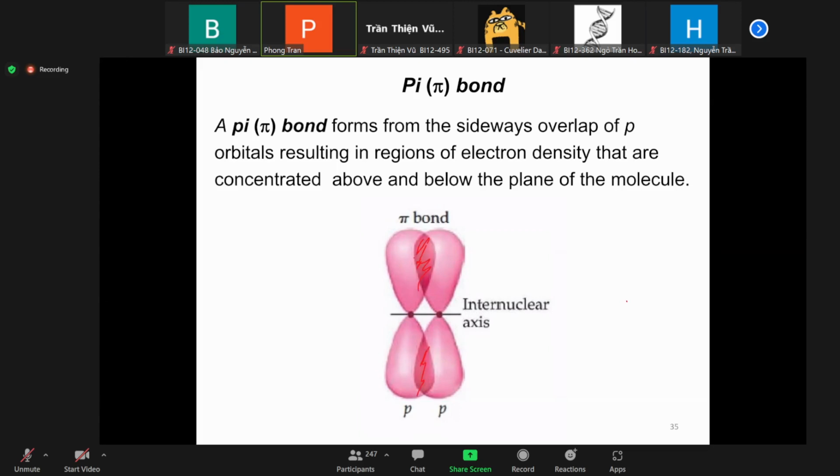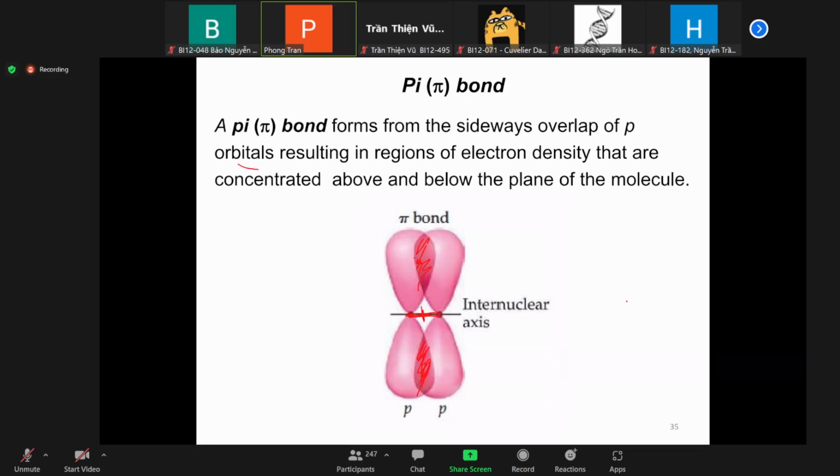So the electron density generated from this overlap goes above the internuclear axis that connects the nuclei of the two atoms and below. In the case of sigma, it is in between, but now in the case of pi bond it is above and below. That's for the case of the p orbital.